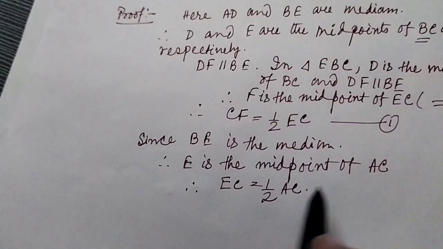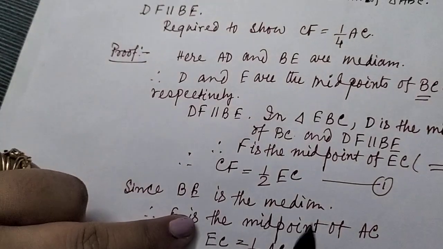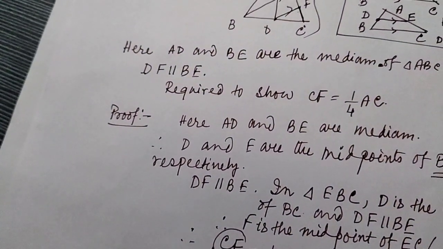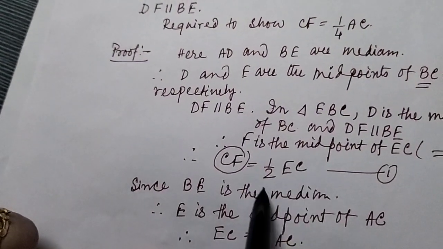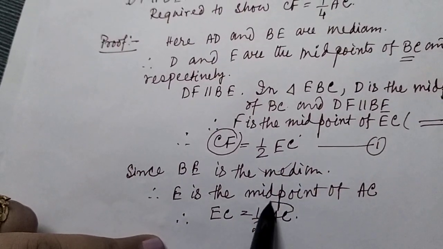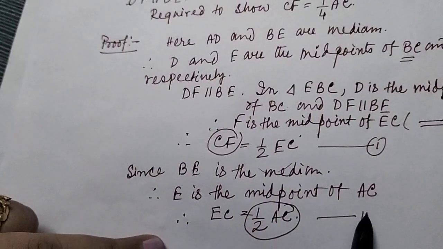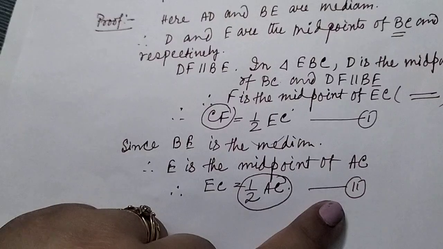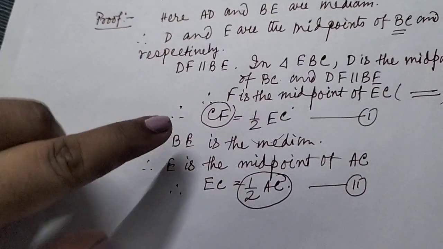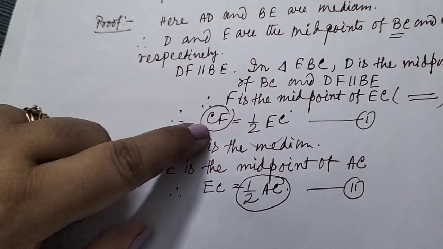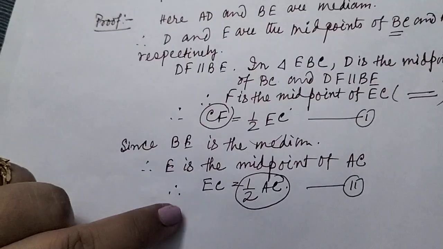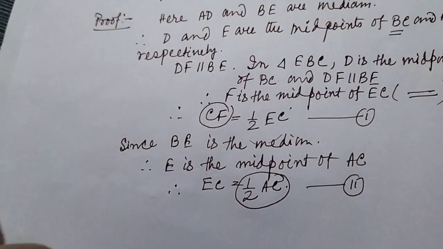Okay. Now look, CF was equal to half of EC and EC was equal to half of AC. Let's make it as equation number 2. I repeat, we have already got CF equals half of EC and EC equals half of AC.